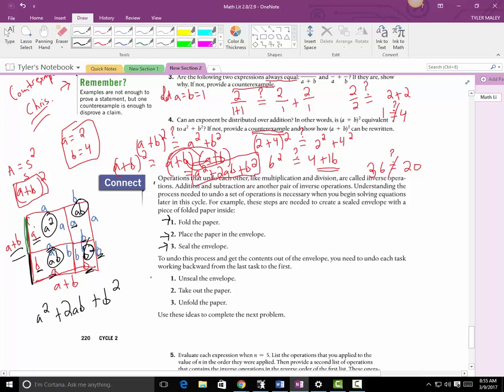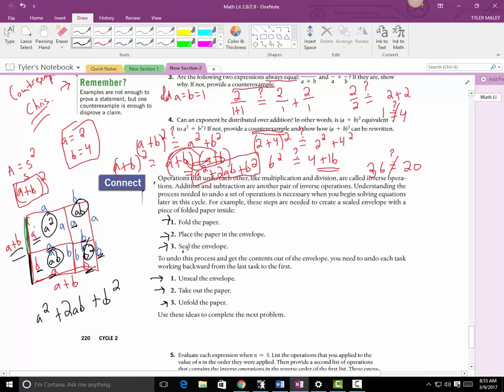And then the person who receives it, right, they do this backwards, right? They have to first unseal the envelope, right? Use a letter opener or your finger, whatnot, and you have to break the seal of the envelope, and then we have to take the paper out and then unfold the paper to read it, right? So notice we're doing everything in reverse, right? And these actions that we're doing backwards have to accomplish or undo the task, right?